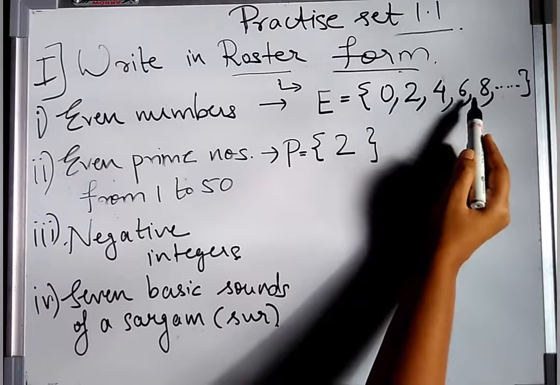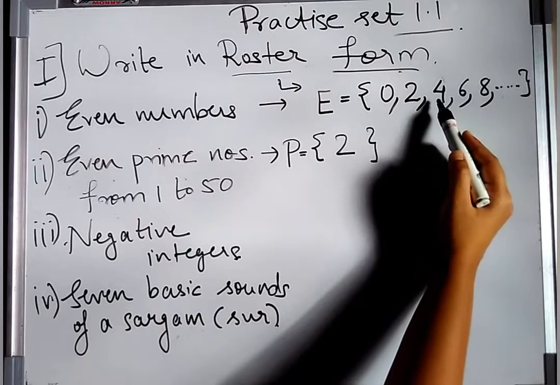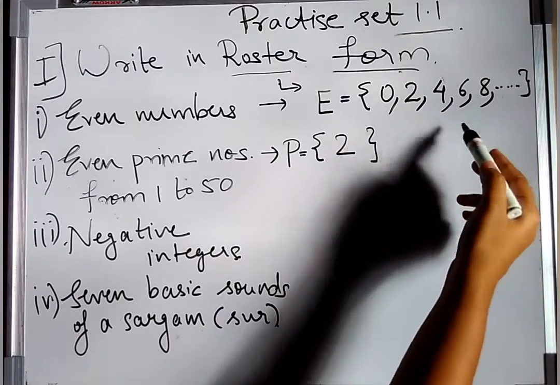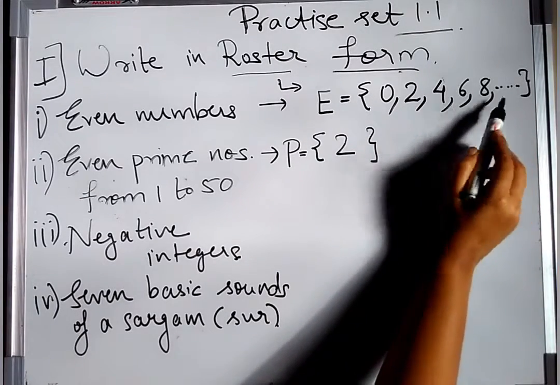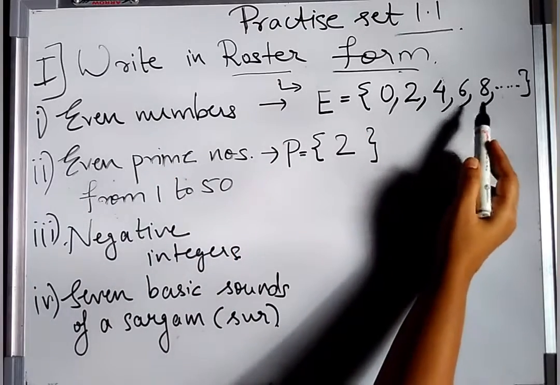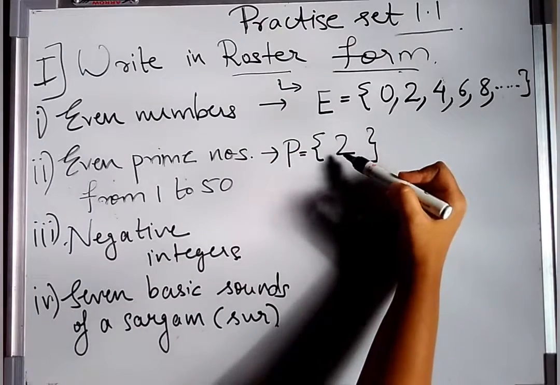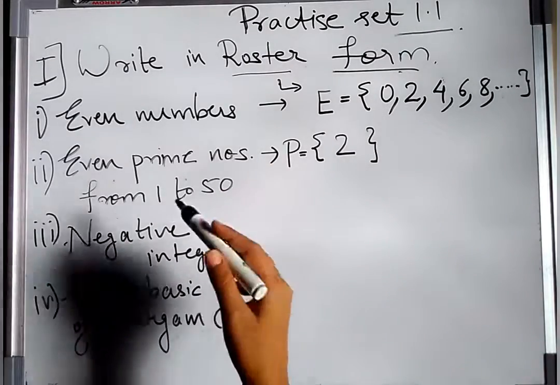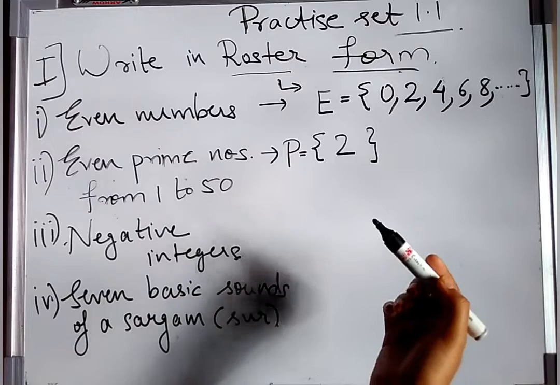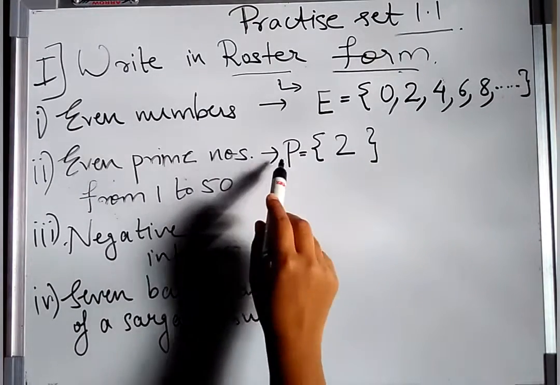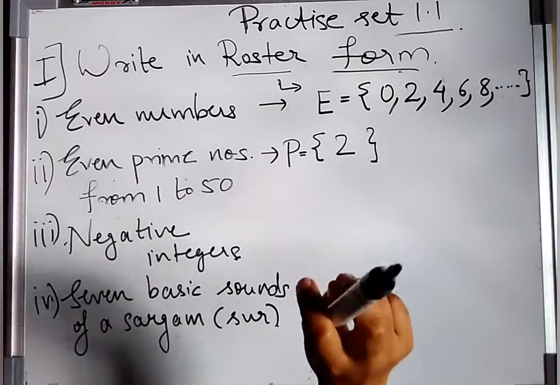But any other even number greater than 2 will have a divisor other than itself and 1, so any other even number greater than 2 is not prime. Only 2 is prime, and 0 is not considered over here because we are talking about prime numbers. So this particular set has only one element.